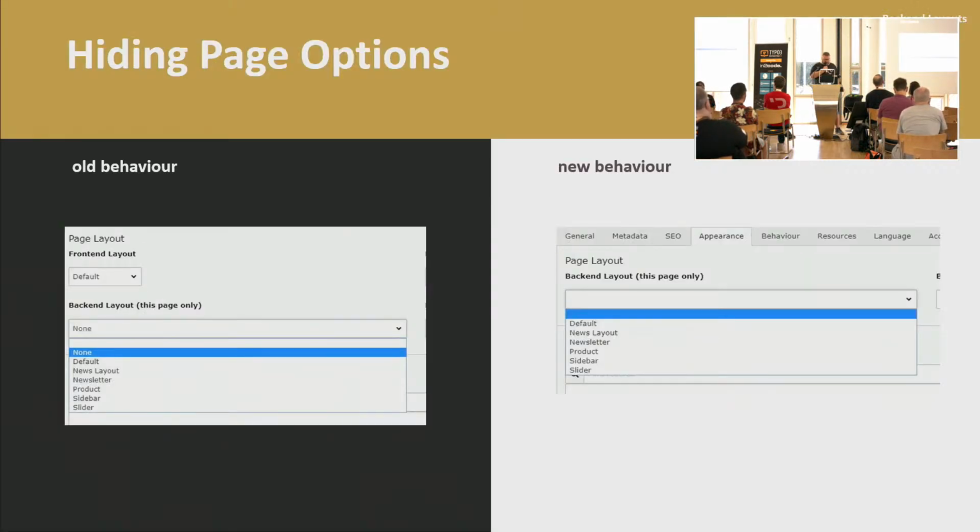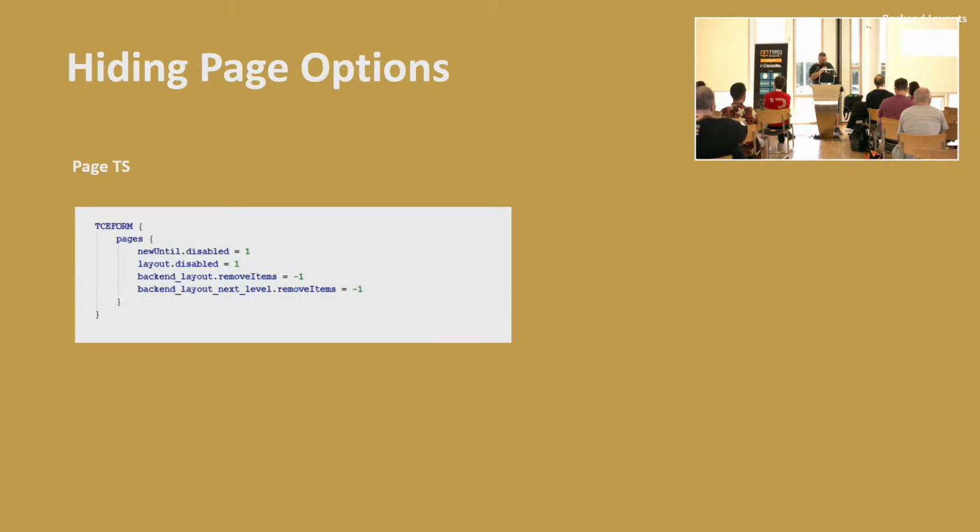The first ones are the options that everybody knows, and I think it's in the documentation too. We don't want the non-backend layout. We want a backend layout to be set every time. You can disable this option, and that is all.